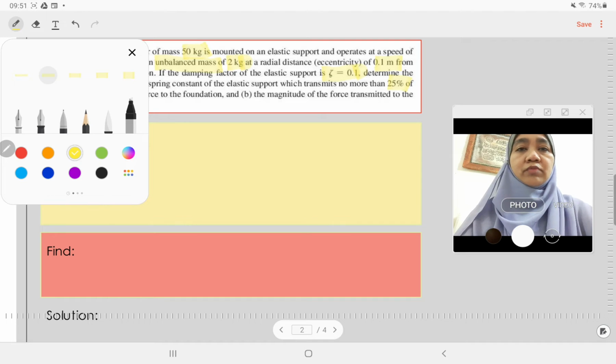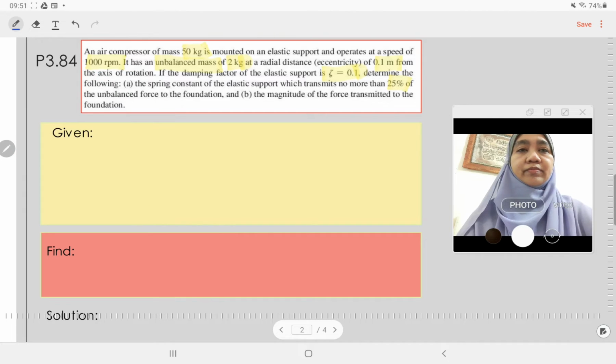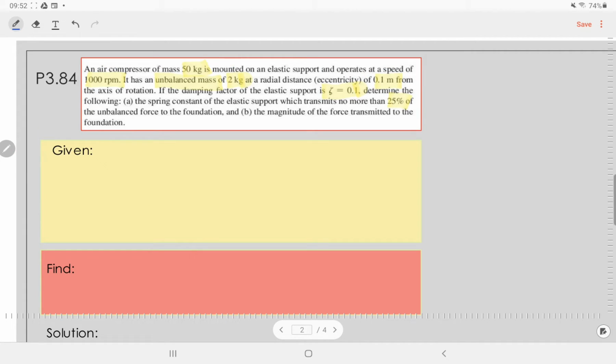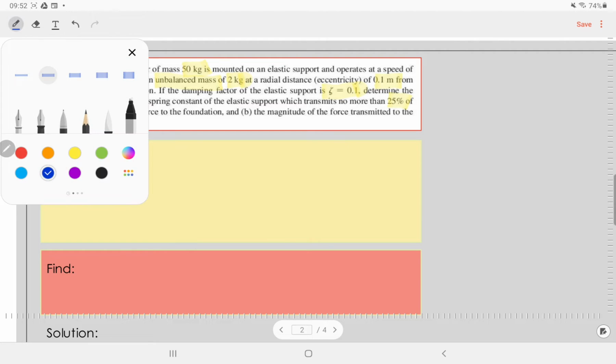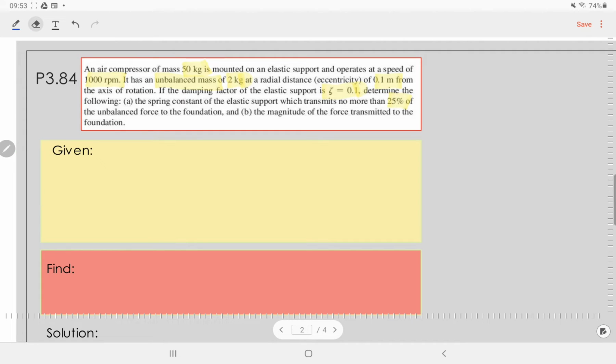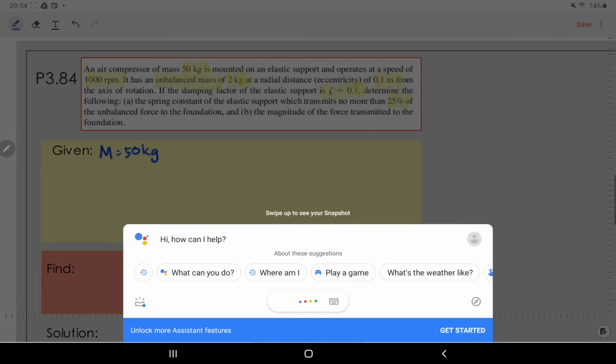So maybe if you want to write the listed variables. So basically what you have here, you have your mass. So don't forget in this problem the variables that we use is slightly different, where your mass of the machine we label it as capital M. So capital M, you have 50 kilogram, and then you have your speed, your omega.